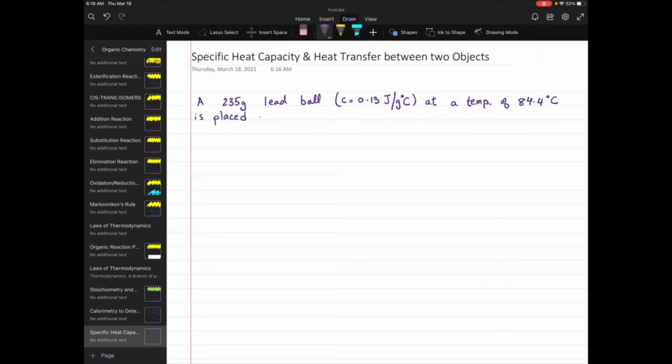in a light calorimeter, of negligible specific heat capacity.